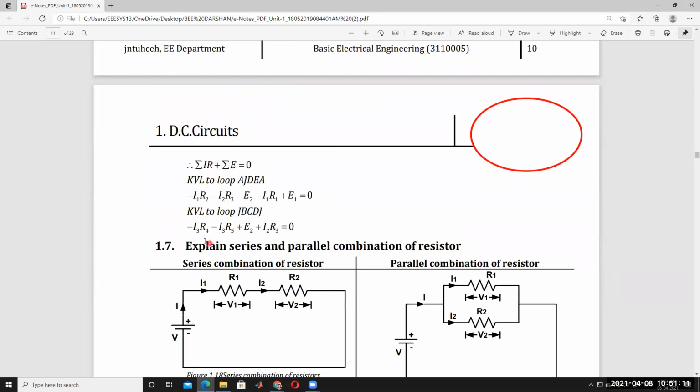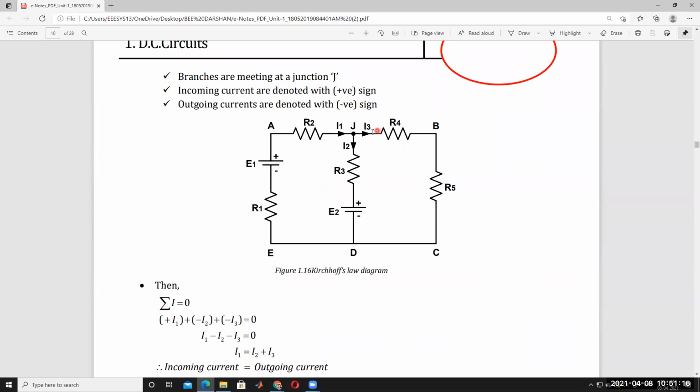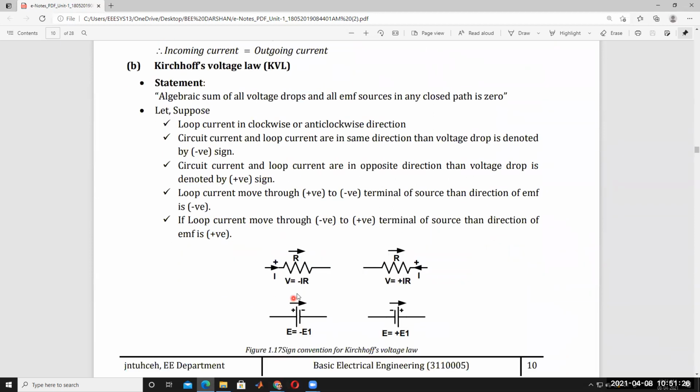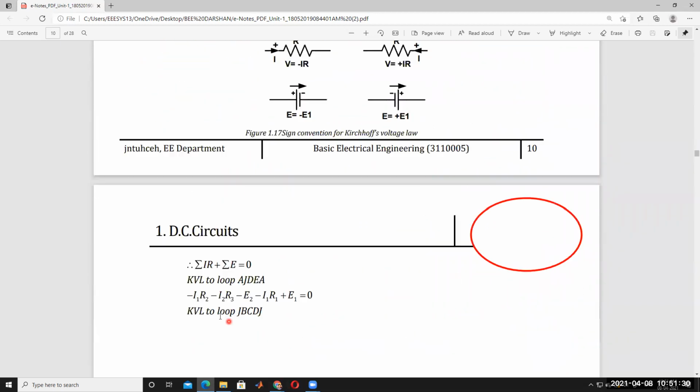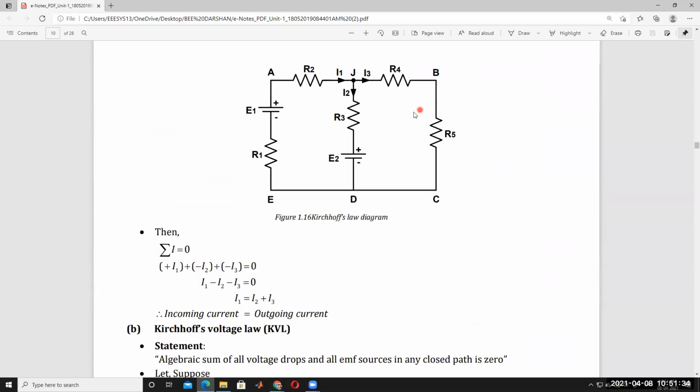So consider here minus I3 into R4. Our loop current direction and this branch current direction are both the same. If the two current directions are the same, what is the voltage drop? Minus. That's why minus I3 into R4.